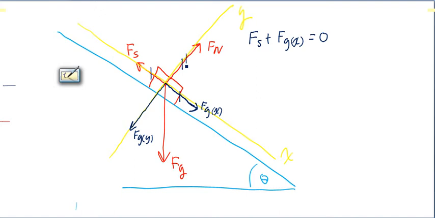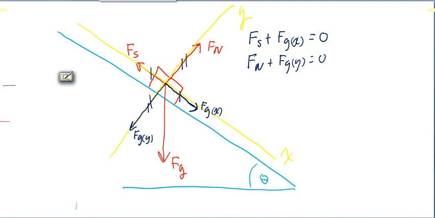And we can also say that force normal and force gravity in the y direction equals 0, because the brick isn't accelerating. It could be moving at a constant velocity, or actually, since it's static friction, it must be at rest. So, I've solved that problem.